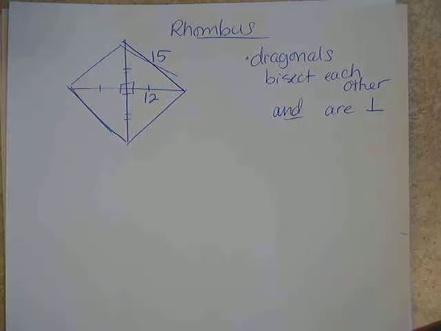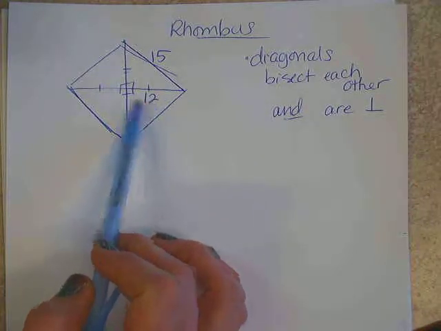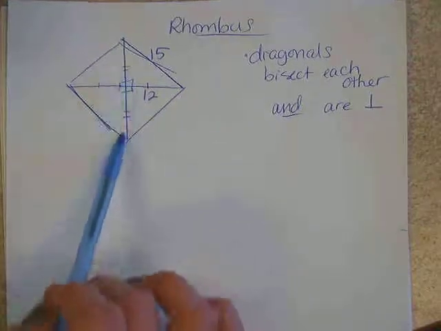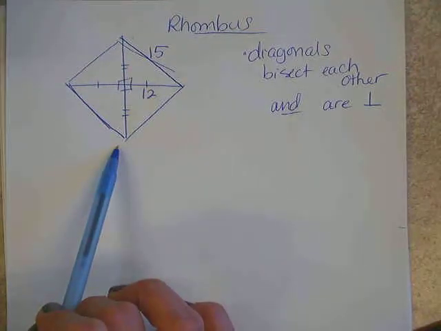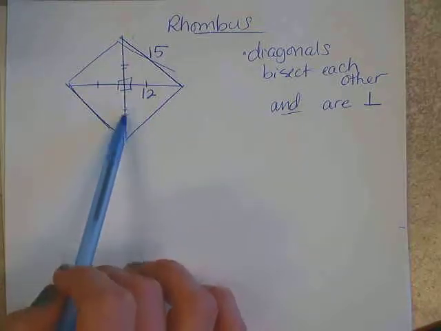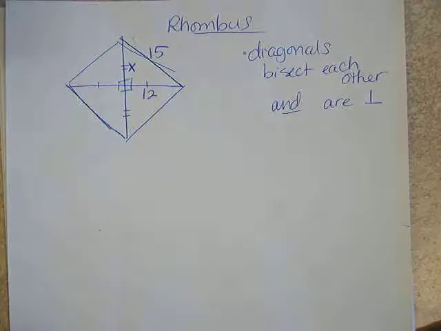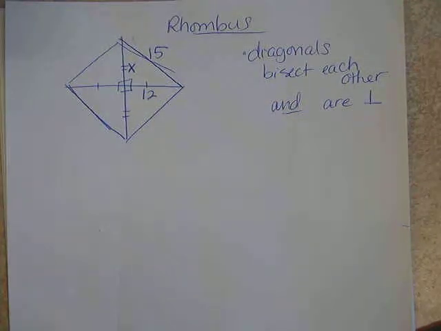So, for a rhombus, the diagonals bisect each other. They're also perpendicular. So that's good information because we know that those are congruent and we know that these are congruent. Okay, and we have the right angles. Diagonals are not congruent to each other, but at least they bisect each other.